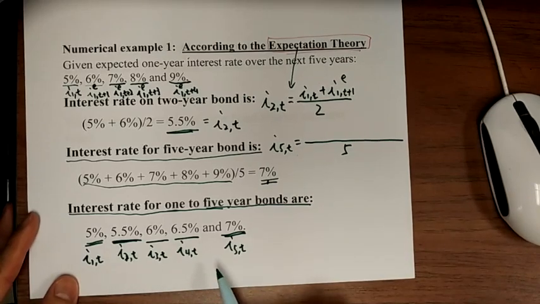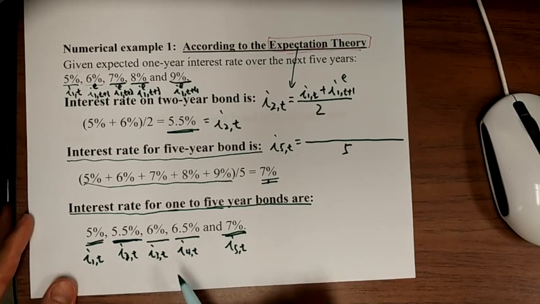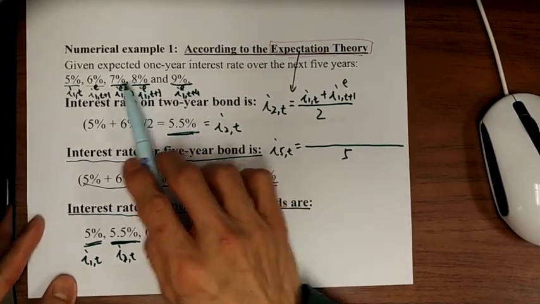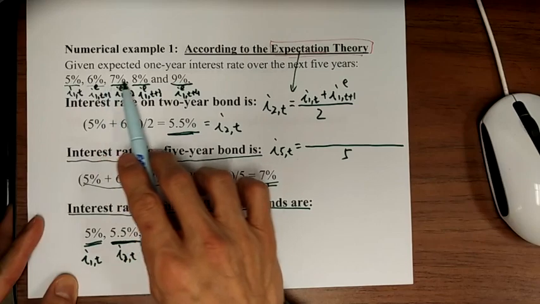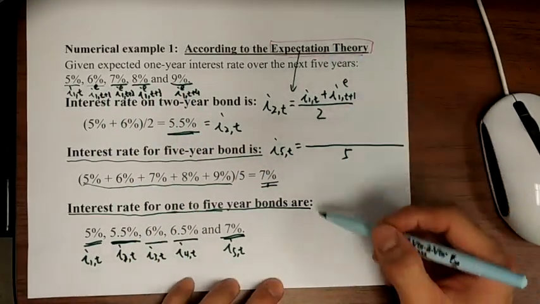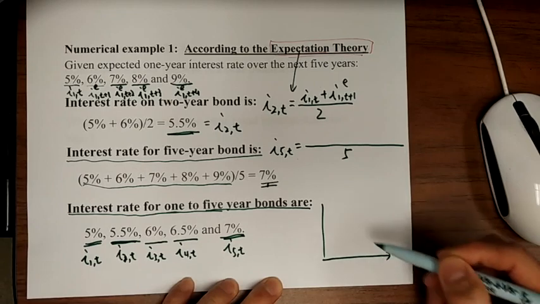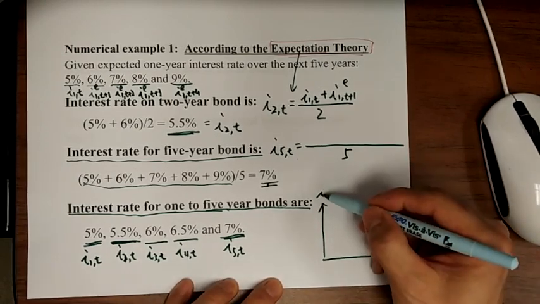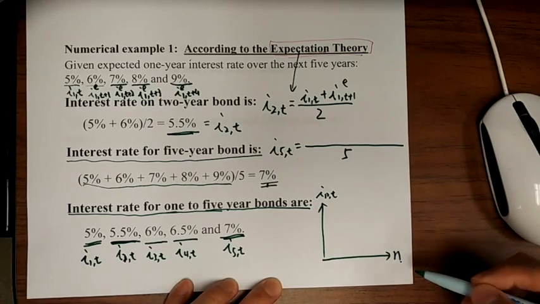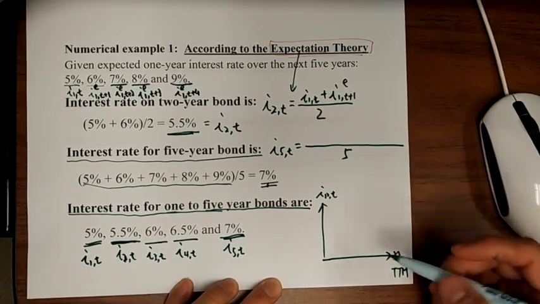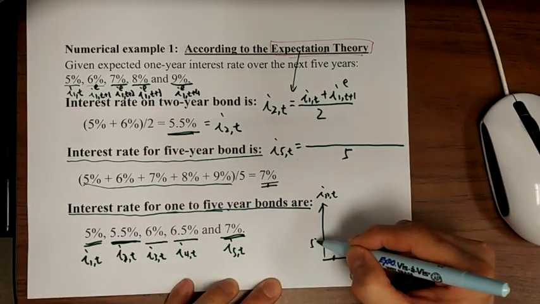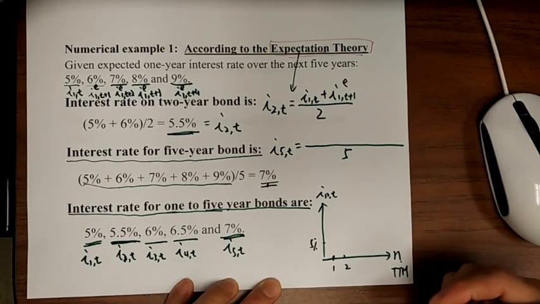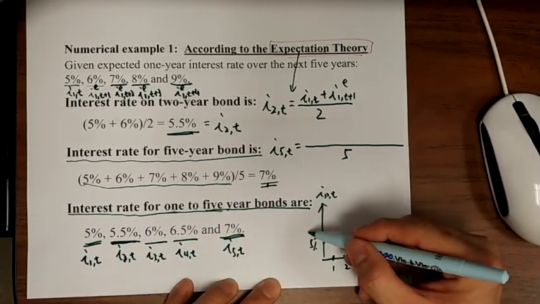Are you seeing a yield curve? The answer is yes. If the market expects the future one-year bond interest rates as this, expectation theory will give you a yield curve. Time to maturity N. When N is 1, I1T is 5%. When N is 2, I2T is 5.5%.